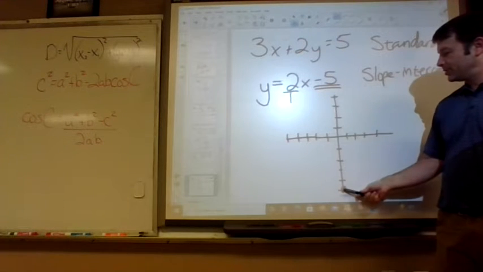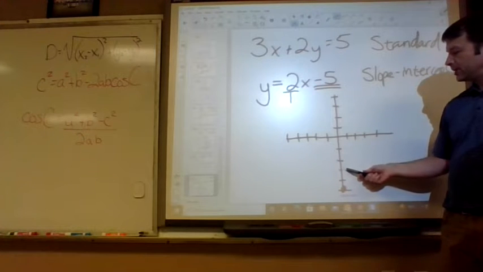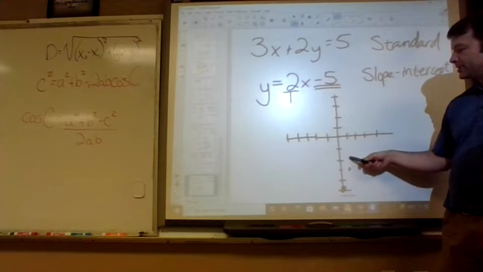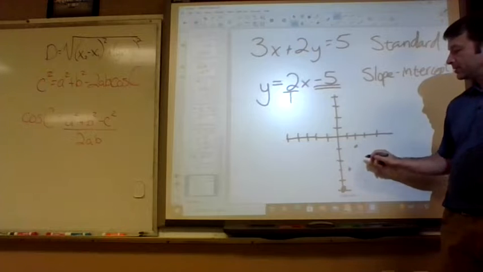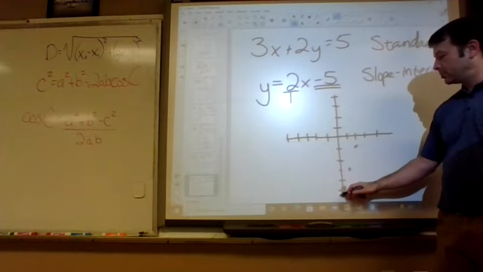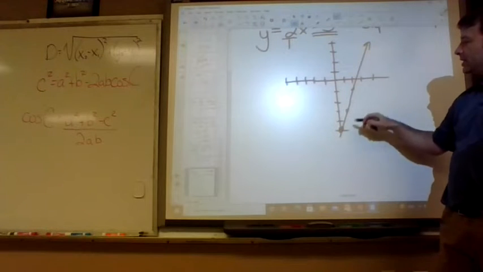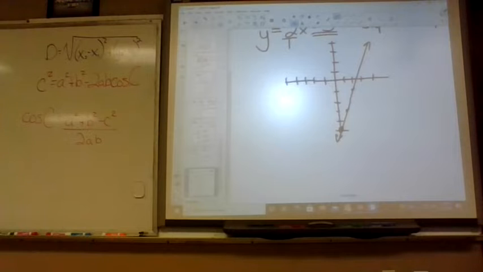From this point that we know is on the line, I'm going to rise 2 and run 1. Put a dot. You can do it as many times as you want. Rise 2 and run 1. Put a dot. We're going to graph with 3 points today, so that would be enough. That gives you an idea what the graph looks like.